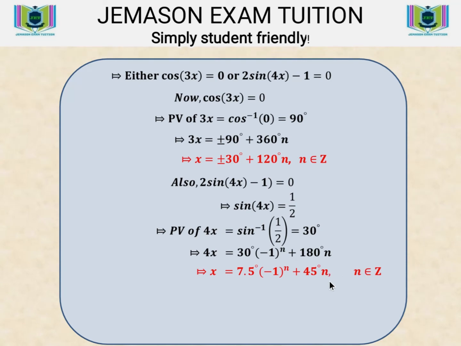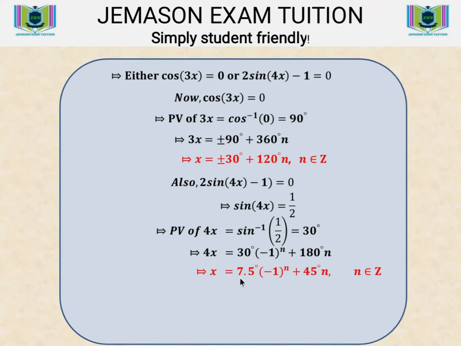integer. Again, if you substitute integral values of n in this equation, we would have an infinite number of solutions to that equation. For instance, when n is 0, I have negative 1 to the 0, which is 1, and 45 times 0 is 0.